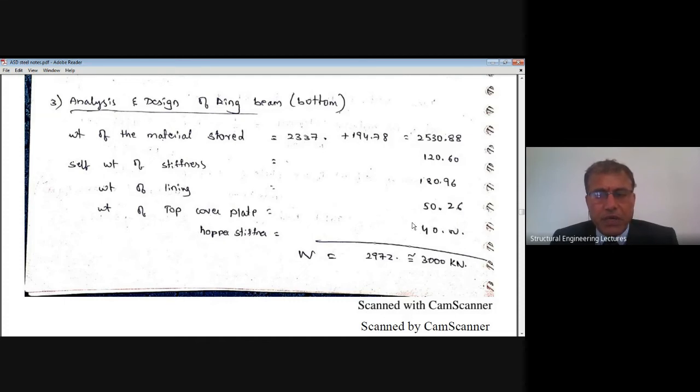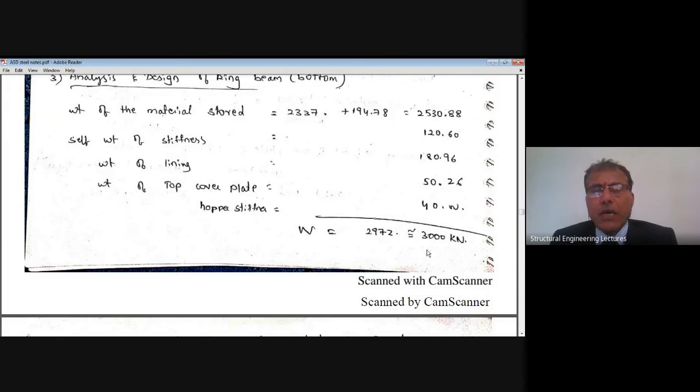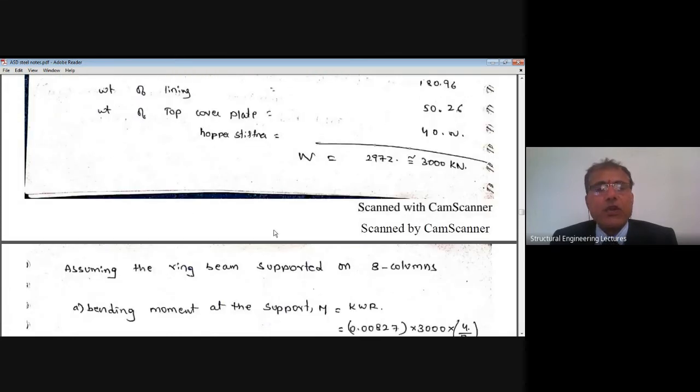Hence, the summation of all these is the total load coming onto the ring beam, which is 2972 kilonewton, or approximately 3000 kilonewton.